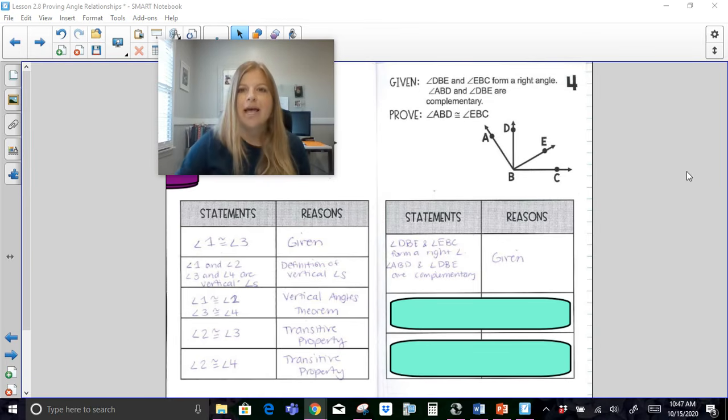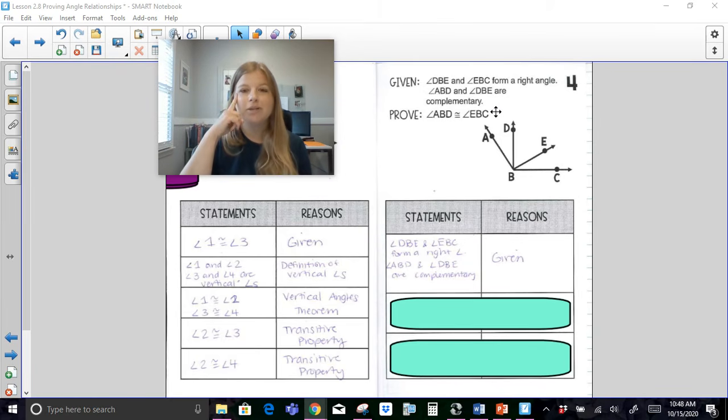Number 4, angle DBE and angle EBC form a right angle. So immediately you should be thinking, okay, if they form a right angle, then that means that their measures are complementary, and if they're complementary angles, then they add up to 90. Then I'm also told here angle ABD and angle DBE are complementary.